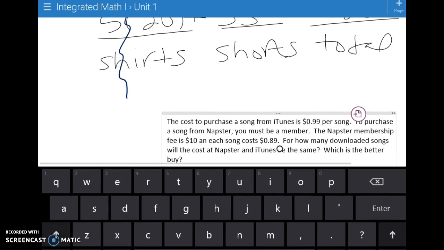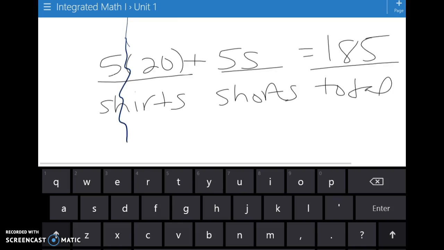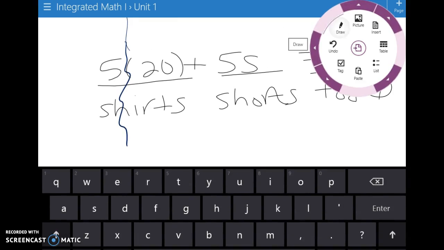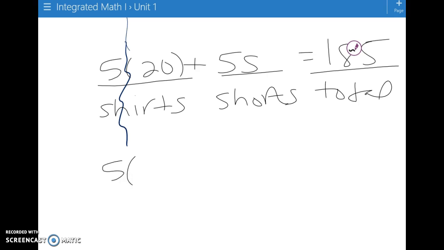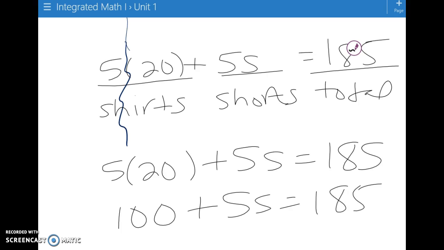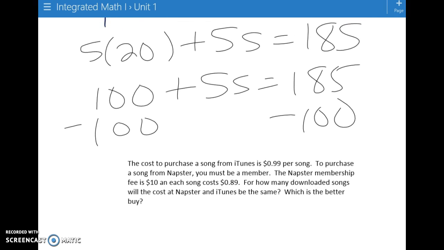So we'll solve that. 5 times 20 plus 5S equals 185. This is 100. Subtract 100 on both sides, and you get 85.